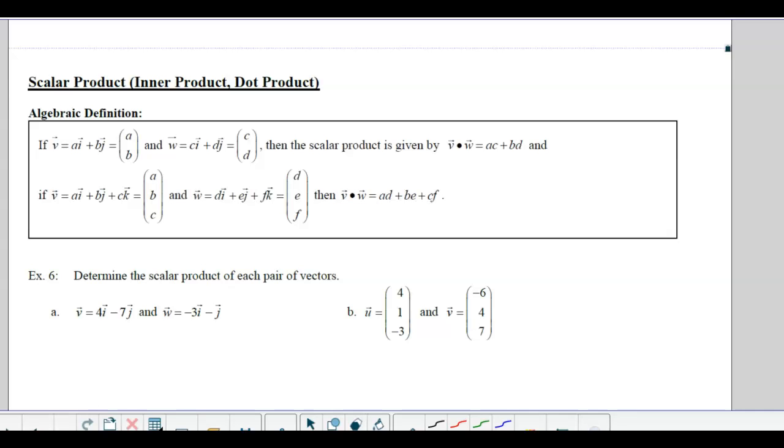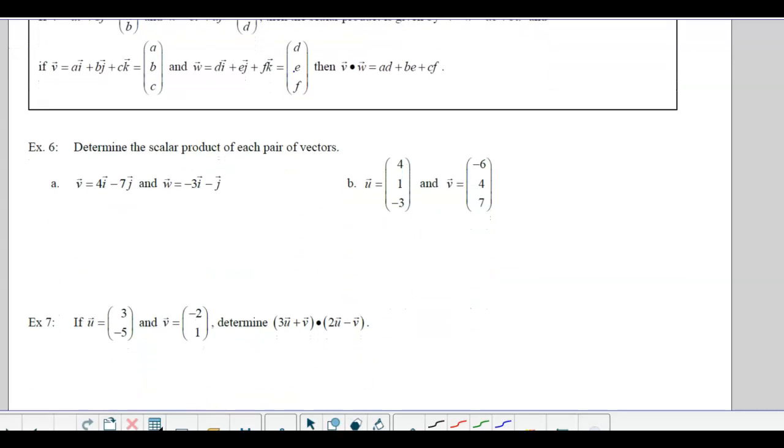If it's 3 dimensions, then it's ad plus be plus cf. Okay? So it's pretty easy to calculate. So determine the scalar product of each of those pairs.